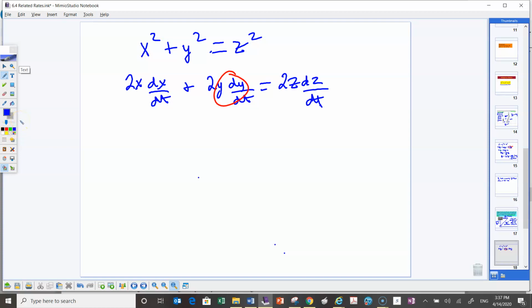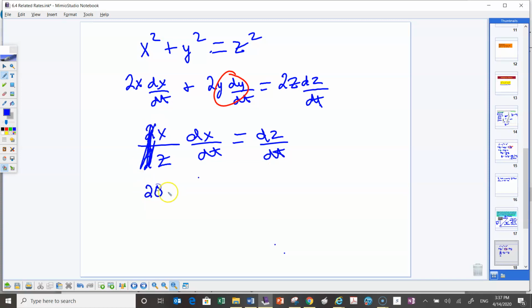So now I'm looking for dz/dt, so I'm going to divide 2z to the other side. So 2x over 2z times dx/dt is going to equal dz/dt. The 2's cancel. So x was 20 kilometers. Z was 10 root 5 kilometers. And dx/dt was 600 kilometers per hour.